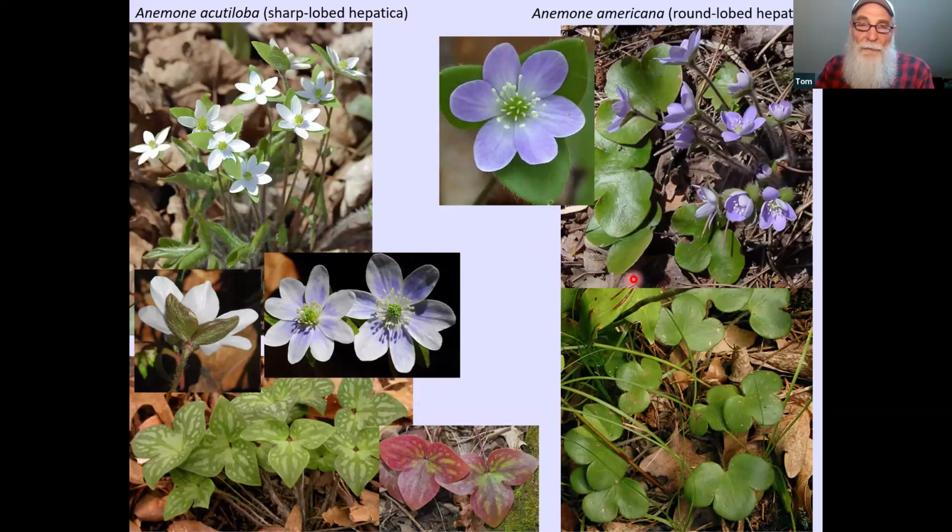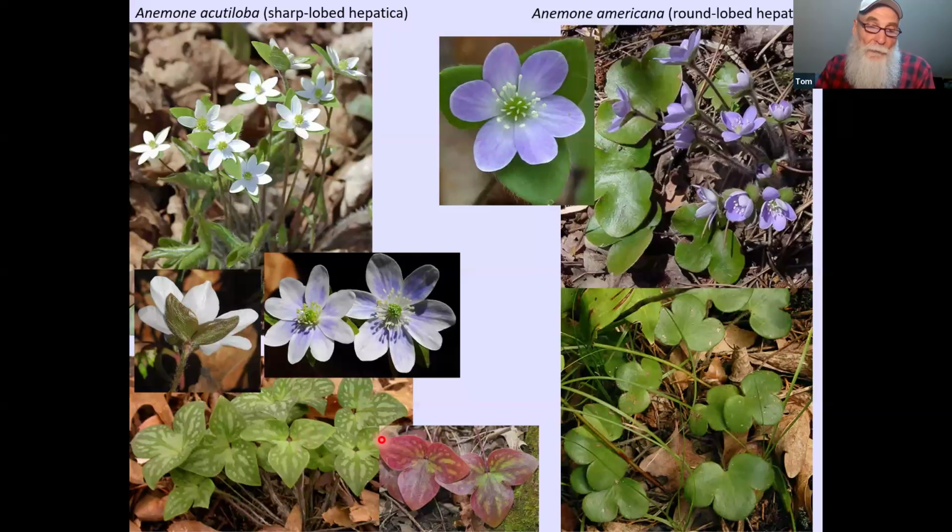And so the Hepaticas are these really distinctive plants because of the basal leaves having these 3 very distinctive lobes. The leaves are not toothed or anything. The margins are entire, but there's very deep lobing happening here to form very distinct 3 lobes.